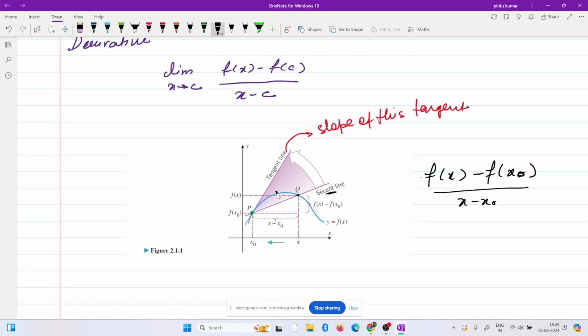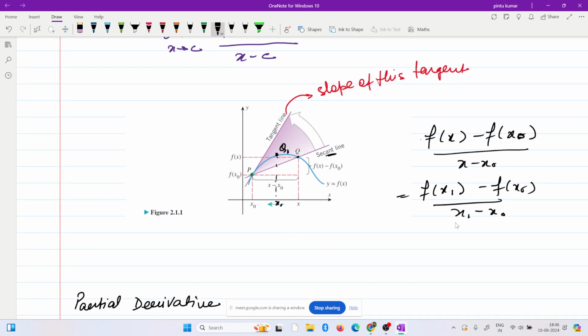Or if we move this Q closer, let's say this is Q1 and this is x1, then again you can have f of x1 minus f of x naught divided by x1 minus x naught. So what we will do is, we will limit this distance to a very small number. We'll limit this to 0, so we will limit this x1 minus x naught to 0.